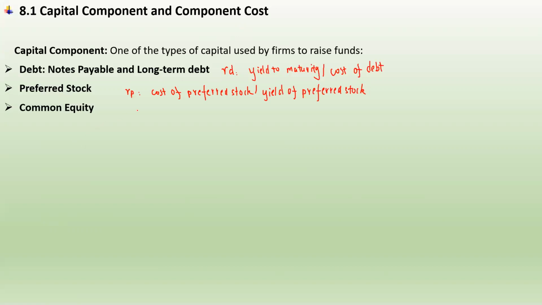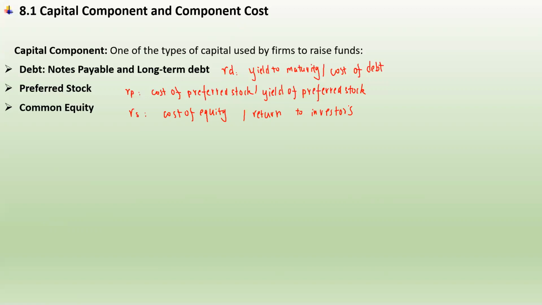And finally, common equity, we label it as RS, which is the cost of equity, because stock is called equity capital, or which is the return to the investors. So as we know, the capital of a lot of firms, especially US firms, comes from all three sources.